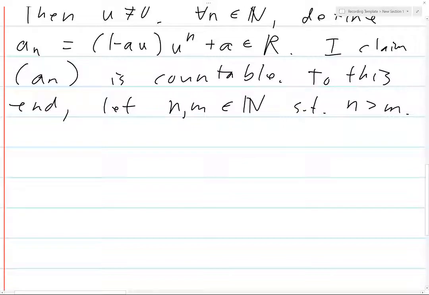Let's see here. 1 minus au is not 1, because u does not have a left inverse. And so what does that mean?